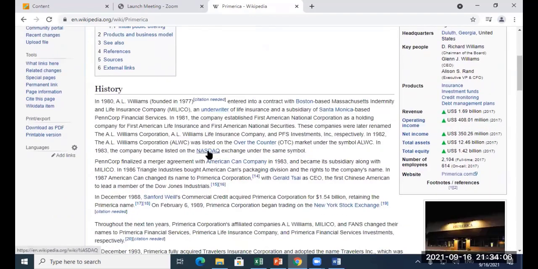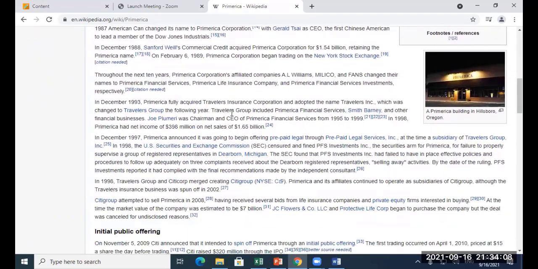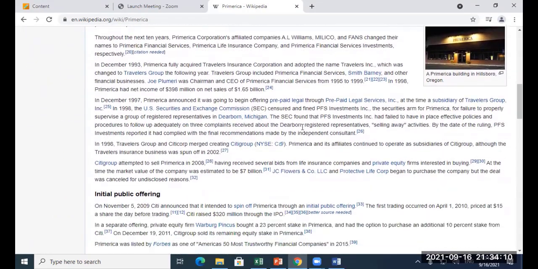But let's see if Travelers is in here. Anybody see Travelers in here? There it is. 1988 Travelers. Well, there's something earlier than that. Travelers, let's see. 1993, Primerica fully acquired Travelers Insurance Corporation, and adopted the name Travelers. Travelers Group included Primerica Financial, Smith Barney, and other financials.